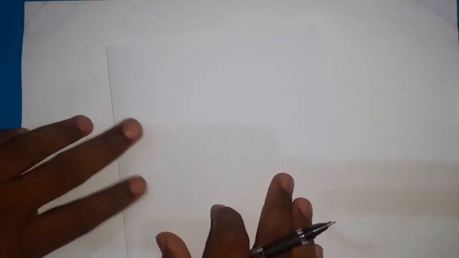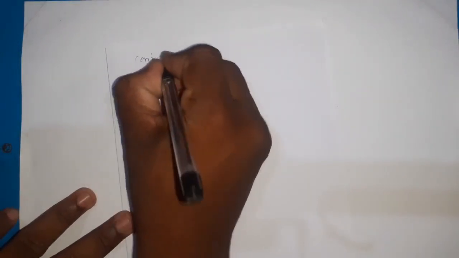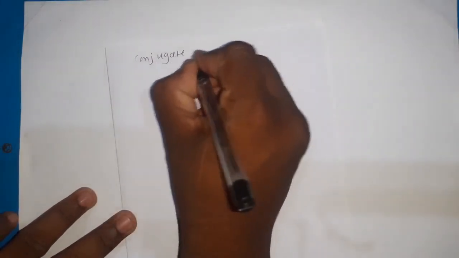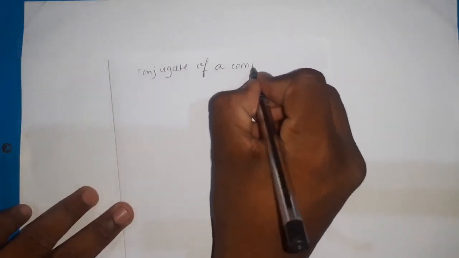Now, one more important point of complex numbers is the conjugate of a complex number.